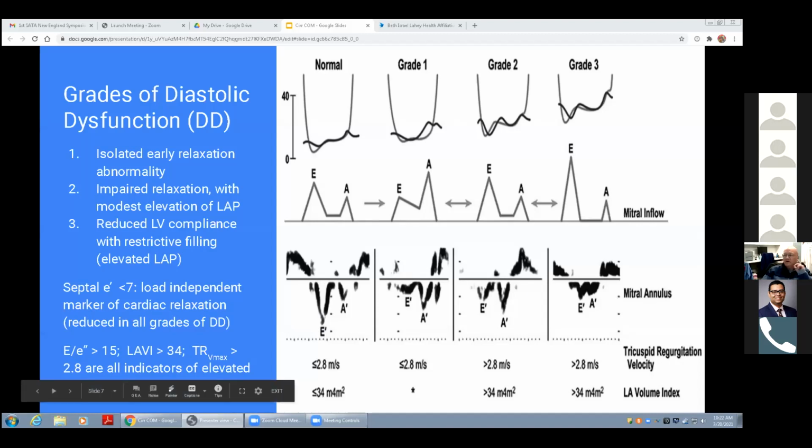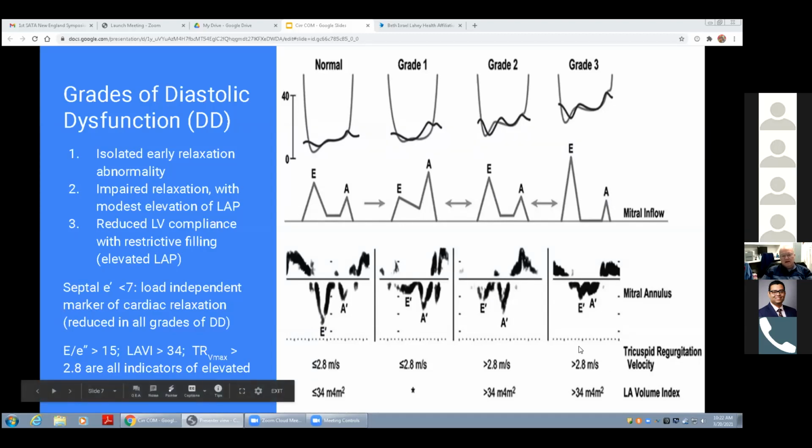The next parameter is the ratio of E to E prime. If you look at the progression, E to E prime is low, low, low, high, high. So it's only elevated, greater than 15, in the last 2 grades, grade 2 and grade 3 of diastolic dysfunction.